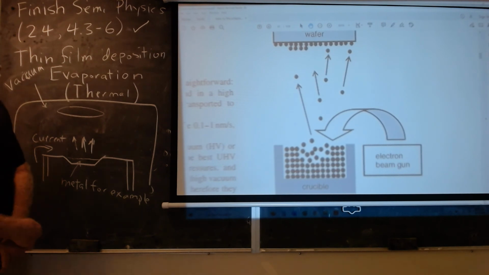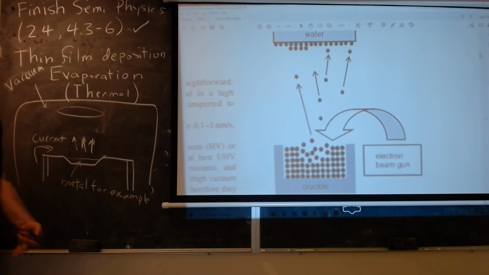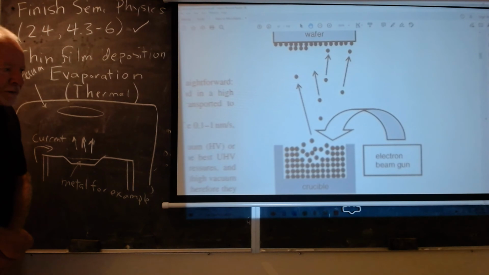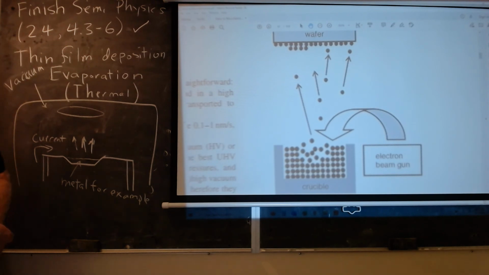Now, me personally, if I were evaporating gold, I would use thermal, because I've tended to get better gold films using resistive evaporation. Of course, e-beam works just fine. It's just that people tend to have their preferences a little bit.